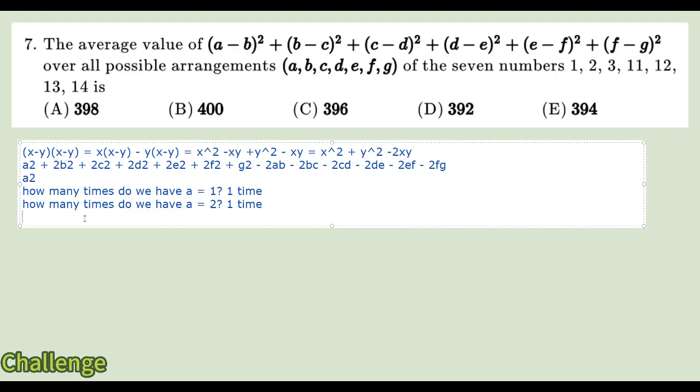Now, what about 2ab? How are we supposed to find 2ab? That's a tricky question. We have to go through all of the values for a and then all of the values for b and take the average. Which means that we'll have to take 7 times 6, which is 42, so we'll have to take somewhere around that many cases.